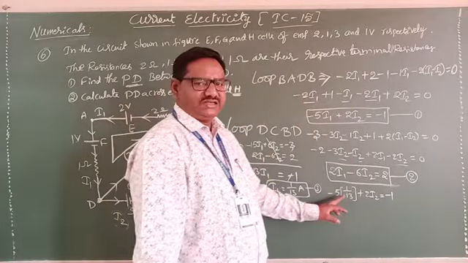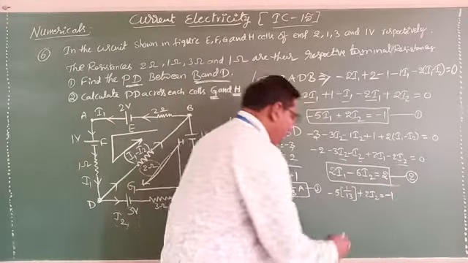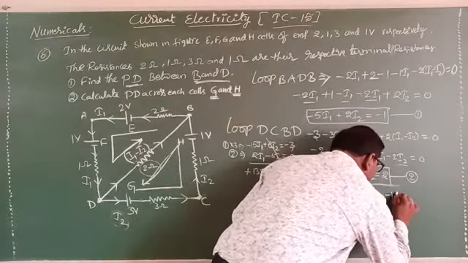Now take this minus term to that side. Then 2I2 equals, what can I write? This one I will take to this side. So minus 1 plus 5 by 13. Now take the LCM. It is nothing but minus 13 plus 5.